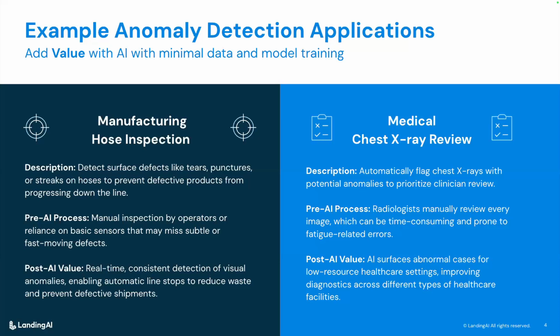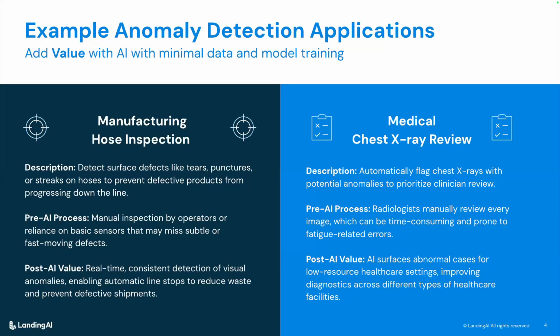Prior to leveraging an anomaly detection model, this relied on manual inspection, or in some cases, sensors that can miss subtle details and issues. Leveraging AI really provides consistent real-time anomaly detection that allows you to stop the line or perform different next step actions for more critical or less critical defects.